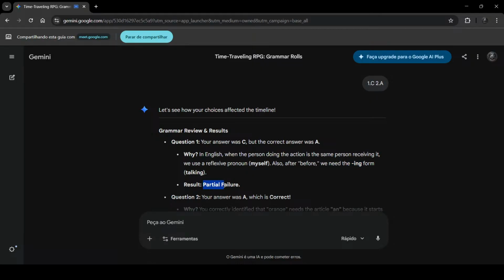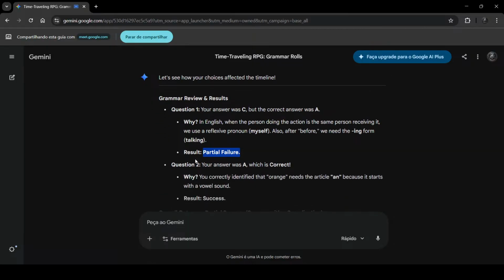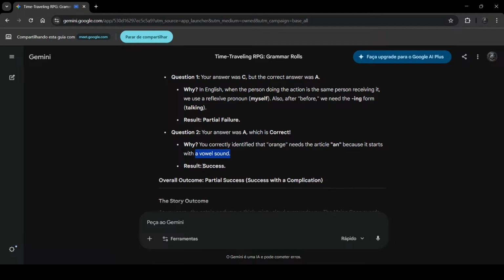So that was a partial failure. Question 2. Your answer was A, which is correct. You correctly identified orange needs the article an because it starts with a vowel sound. Result: success. So you got a partial failure with a success here.